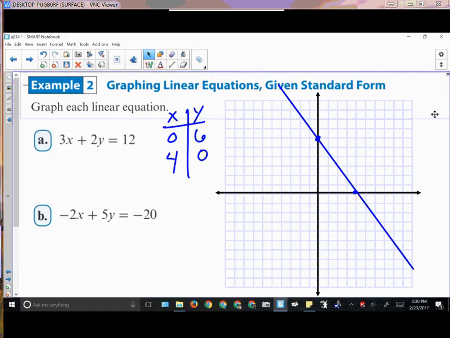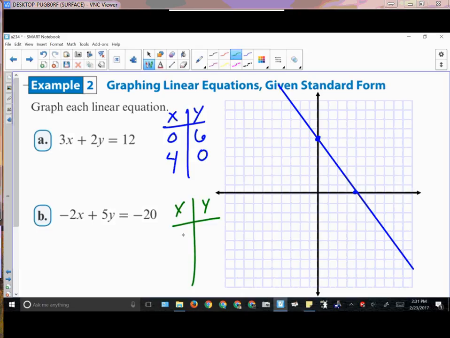So, what about the next one? We do exactly the same thing. I got X, I got Y. We're going to put 0 in for X. So if I put 0 in for X, that means I don't have anything there. So what's Y have to be?